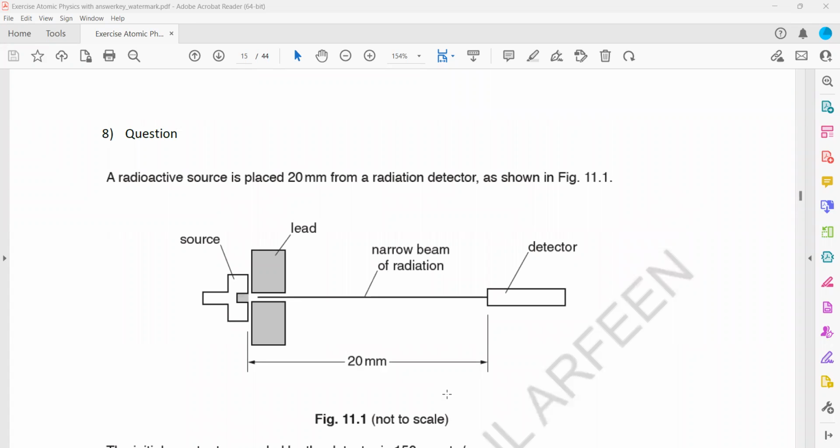Initially we were receiving 150 counts from the source plus the background. Then we placed a paper in front of this, and we found that the counts decreased to 60.